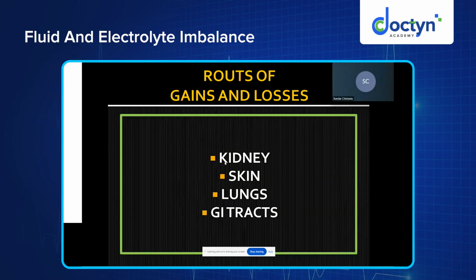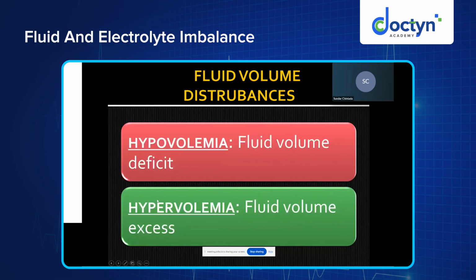Kidneys are a very important organ, and so are the lungs, whatever you inspire, expire, inhale, exhale. So lungs are again important routes of gains and losses of electrolytes and body fluids. Then you have the skin, the largest organ of the body, along with the GI tract, which forms an important component.